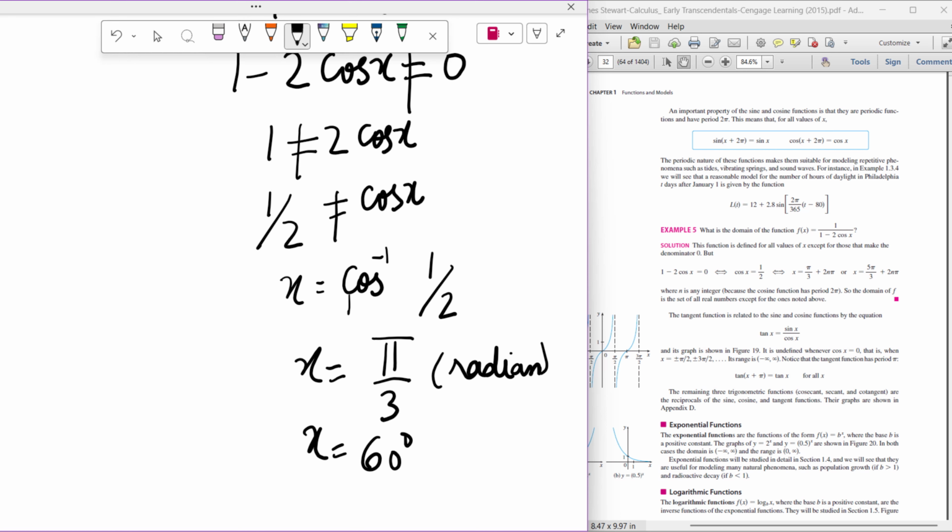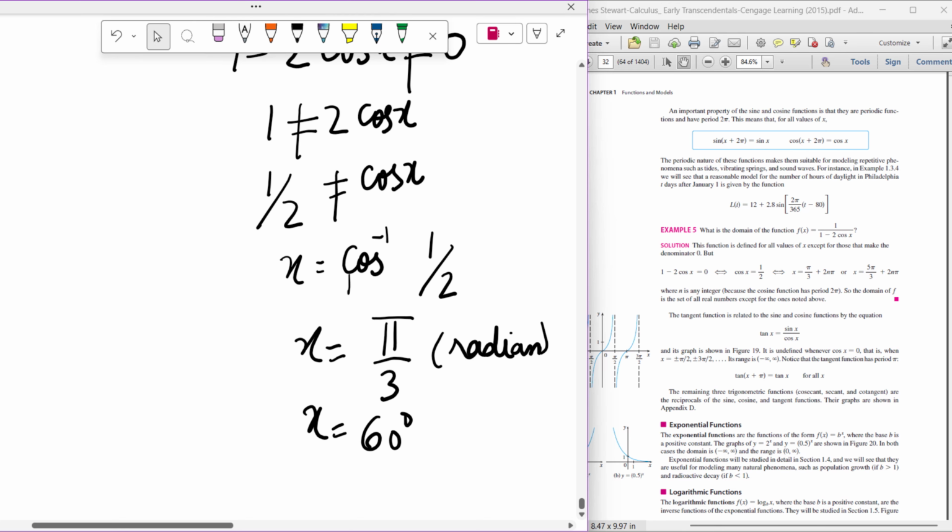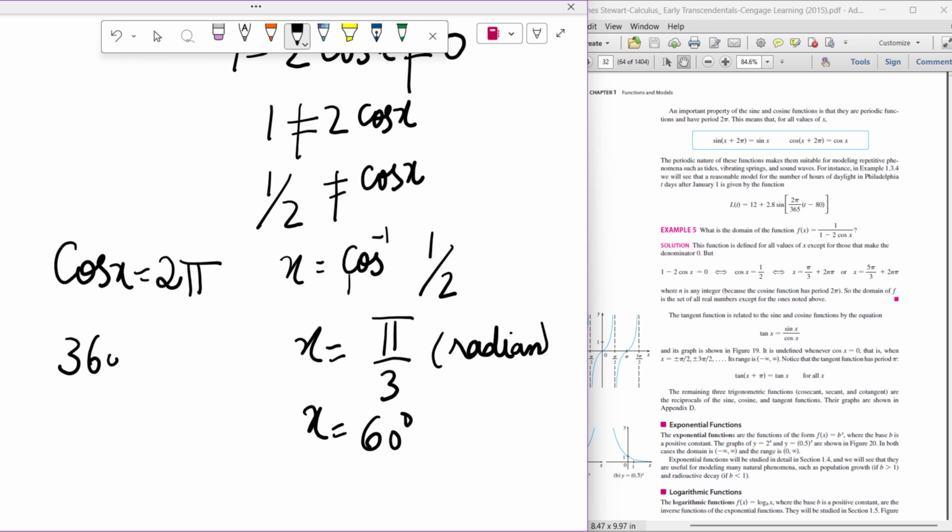And we have discussed that the interval of cos x is 2 pi. It means if cos inverse 1 by 2 is pi by 3 or 60 degrees, then the same value we can get at 360 minus 60, that is 300 degrees, or in radians, it is equal to 5 pi by 3.